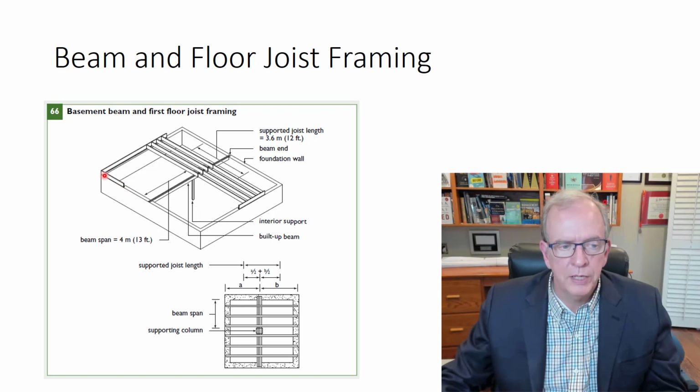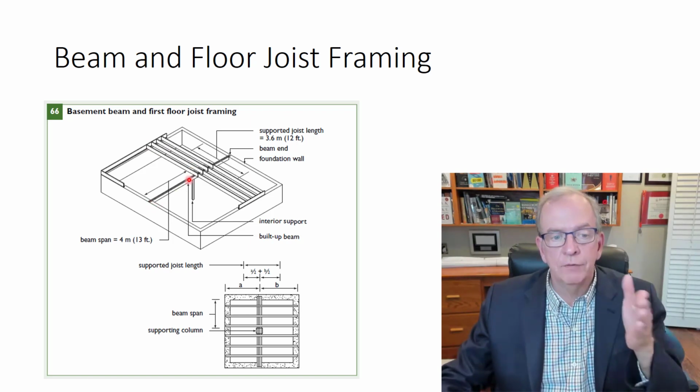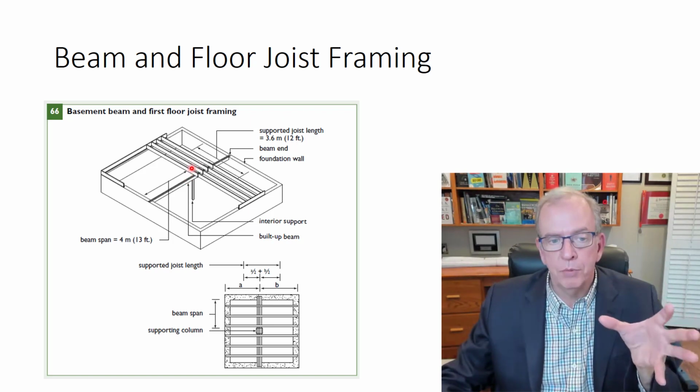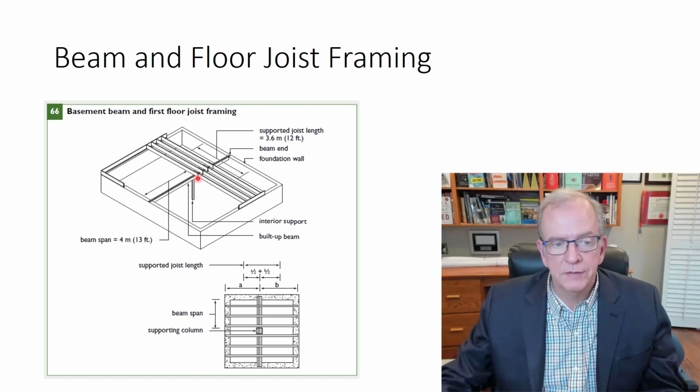So we have a sill plate, we have a rim joist that goes around, we have our floor joists that go across. We might have a built-up wood beam, which is several layers of joists that are nailed and/or bolted, or both together, depending on the specification. Or it may be an engineered product such as an LVL or a PSL. LVL stands for laminated veneer lumber, and it may be supported on a post or column.